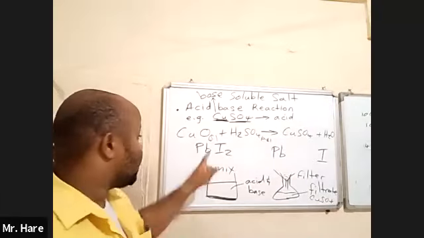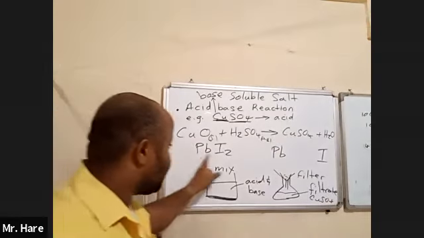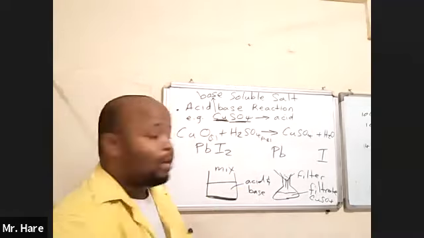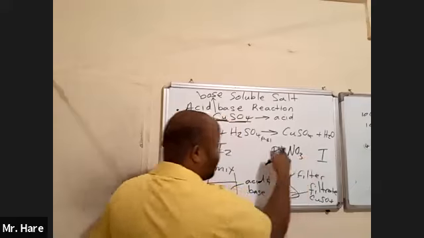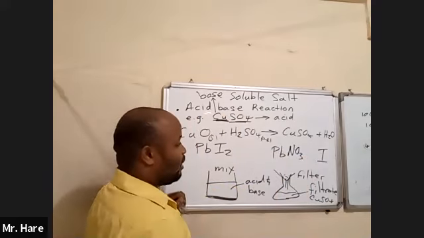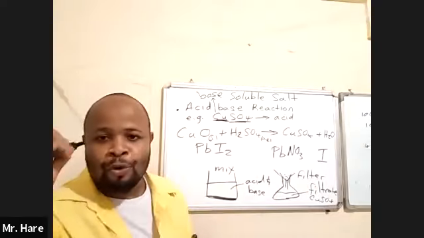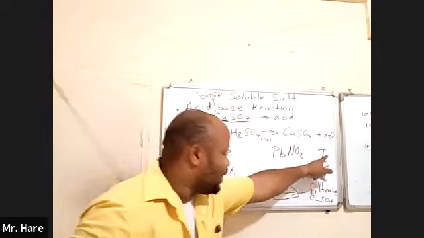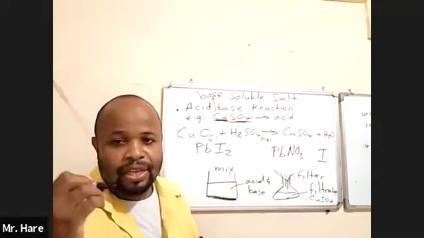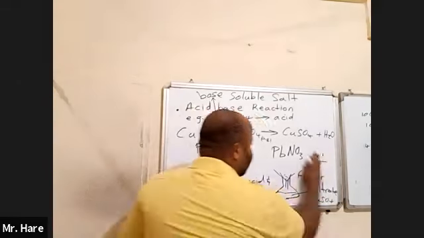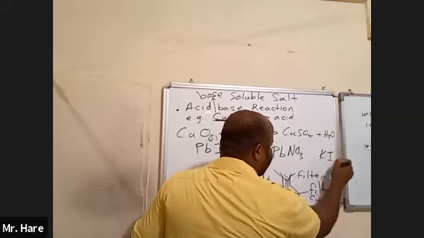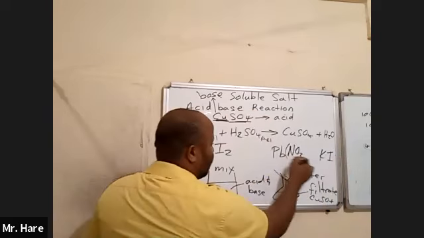So separate the lead and the iodine. Combine nitrate with the positive ion. Lead is the positive ion. And pick a metal from group 1 to use with the negative ion. Potassium. So you will have potassium iodide and lead nitrate.